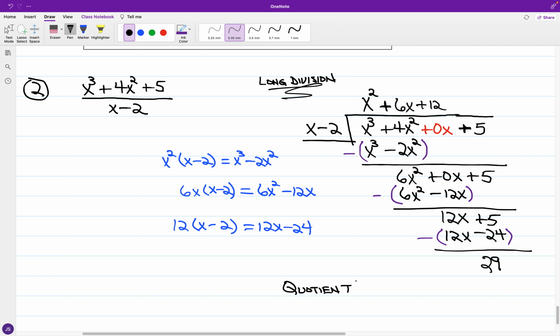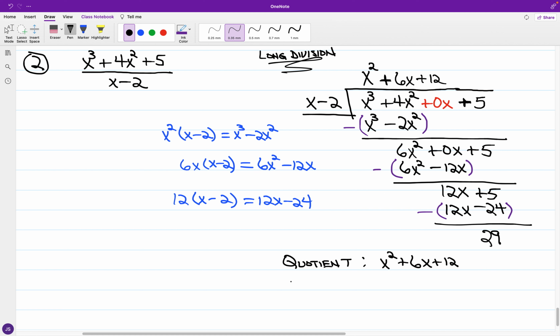Okay, so we have, in the case of the quotient, x squared plus 6x plus 12. And since I cannot take x directly into 29, okay, 29 is going to be the remainder.